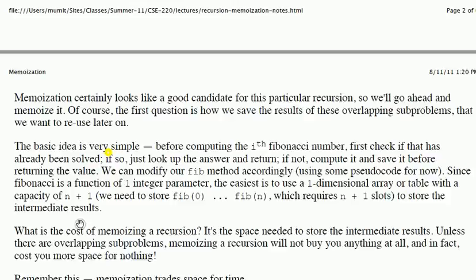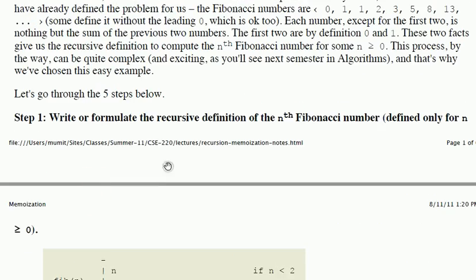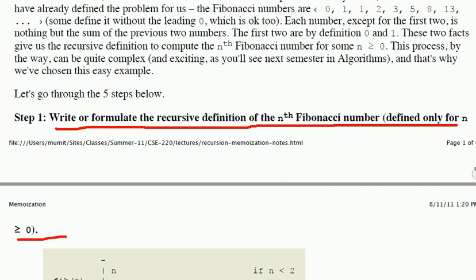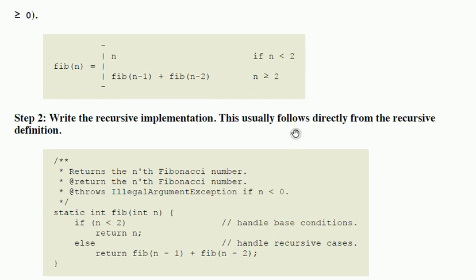There are some steps. I'll just read it out for you. First, write or formulate the recursive definition of the nth number, which is greater than 0, of course. That's what they have done. Fib n is fib n minus 1 plus fib n minus 2, that's the primary formula. Write the recursive implementation, and this usually follows directly from the recursive definition.